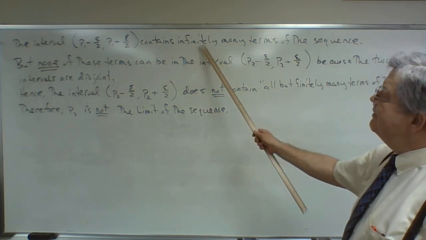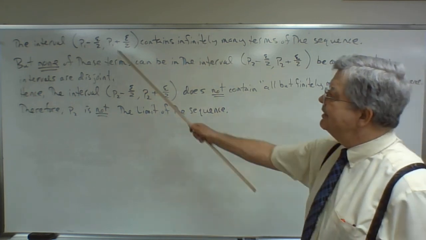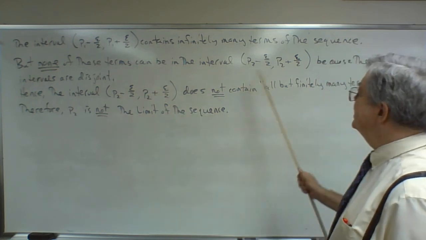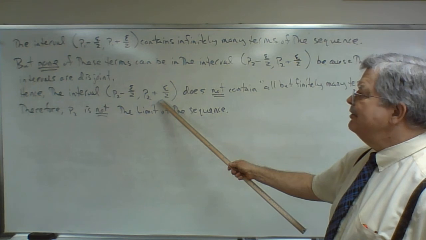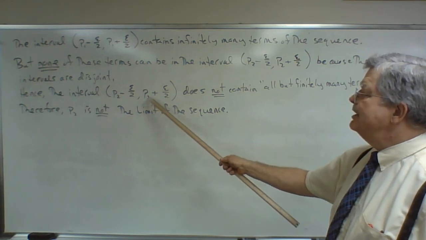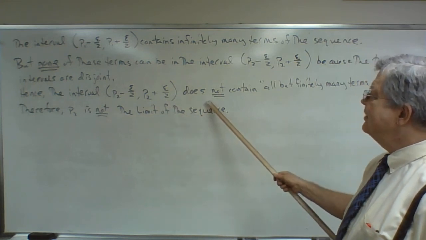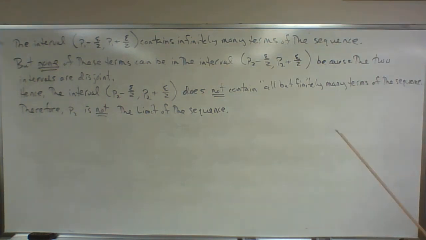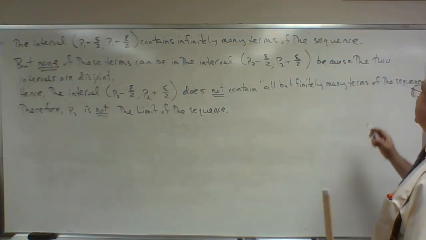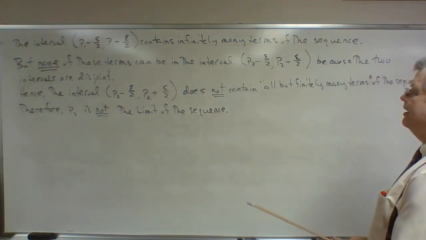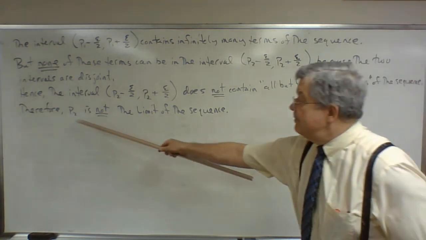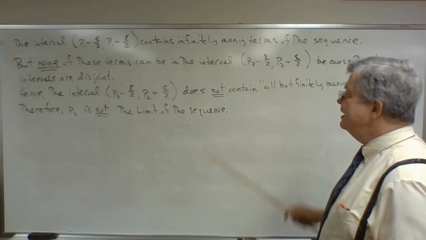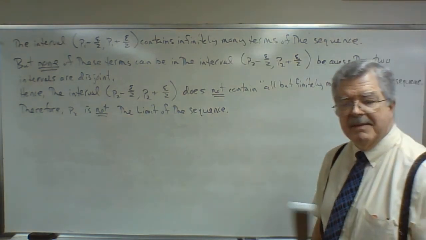So none of the infinitely many terms of the sequence that are in this interval can be in that interval. Hence, the interval (P2 minus epsilon over 2, P2 plus epsilon over 2) does not contain all but finitely many terms of the sequence. So, P2 is not the limit of the sequence.